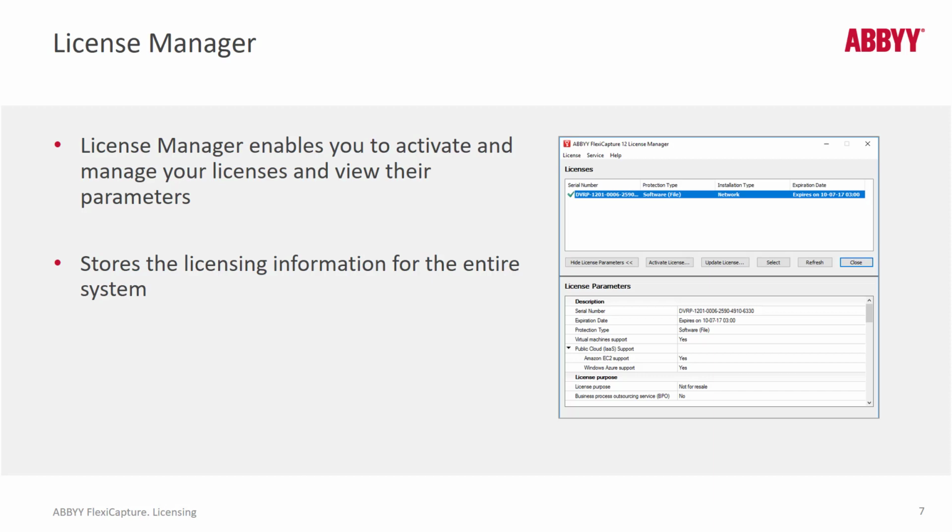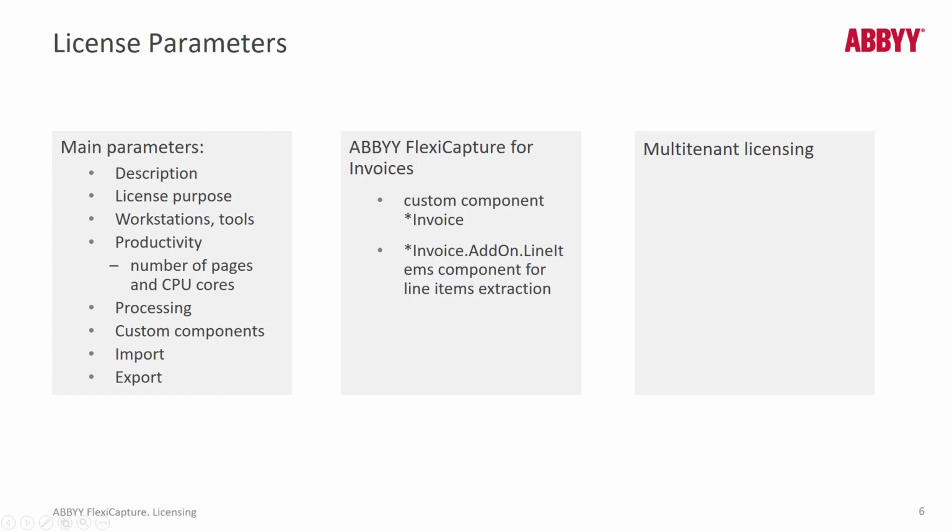But I think it's a great idea to right-click and store your license parameters locally. Also, in case you had a catastrophic system failure, then you'd have all that information readily at hand. So that said, now we can back up and take a look at that previous slide, which shows that license parameters include things like description of the license, how many workstations are active, what tools come with the software.